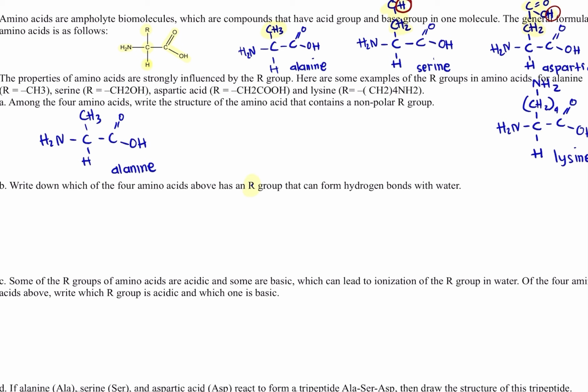So this is also capable of forming hydrogen bonding. And then the other one over here is the hydrogen that is also hydrogen delta positive because it is attached to the nitrogen. So basically we have the other three, serine, aspartic acid, and lysine, as three amino acids that can form hydrogen bonding with water.